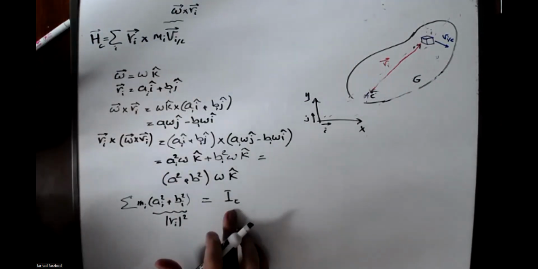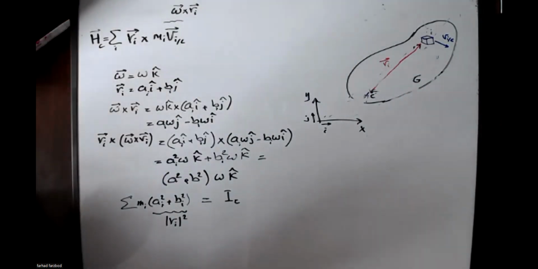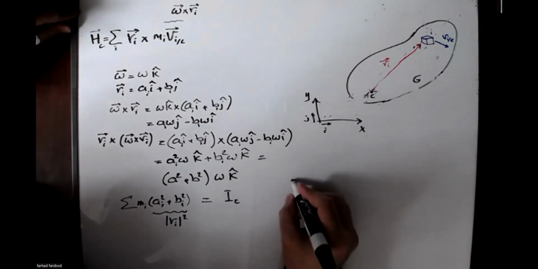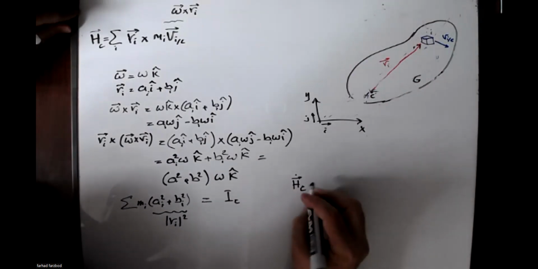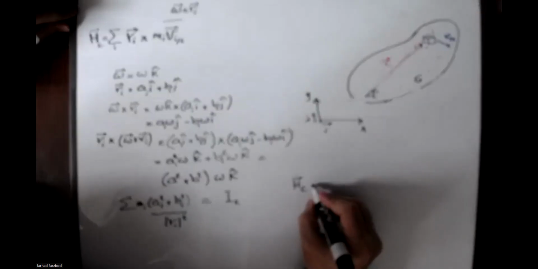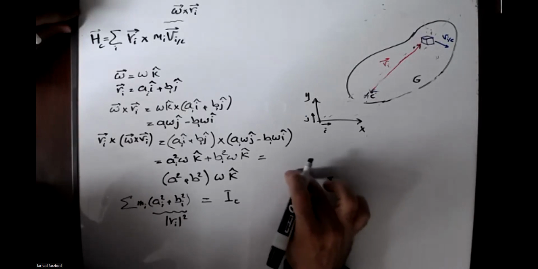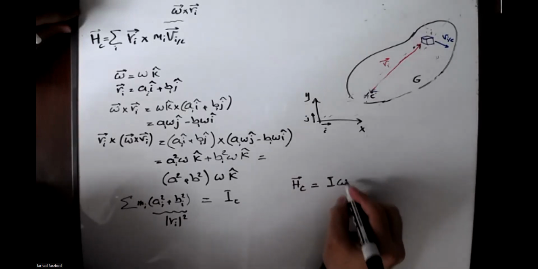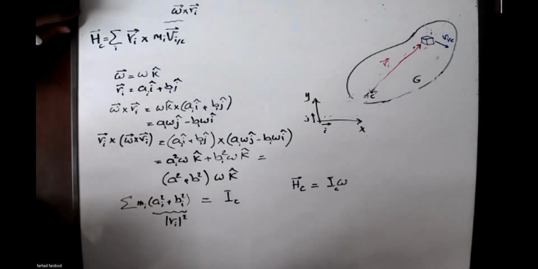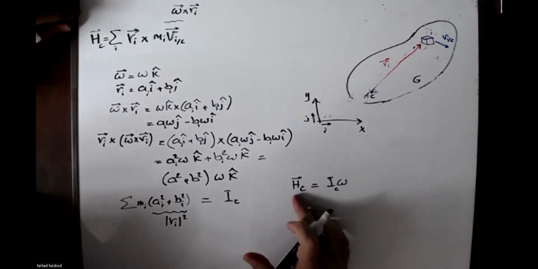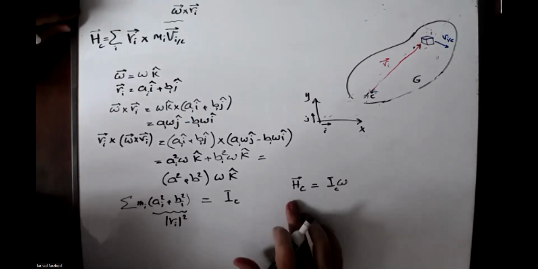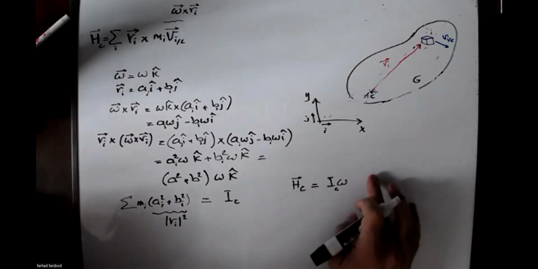So this is called I. For 2D, so we saw that for 2D, we would have this, right? Let's just say this, HC.